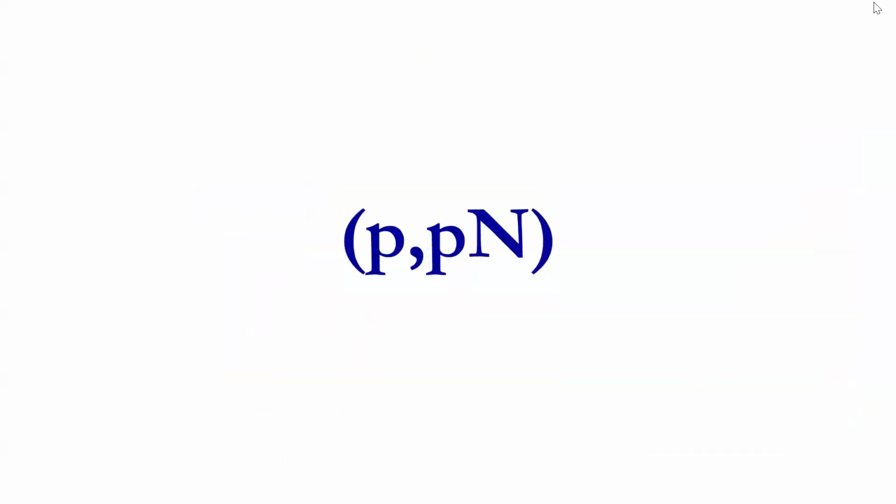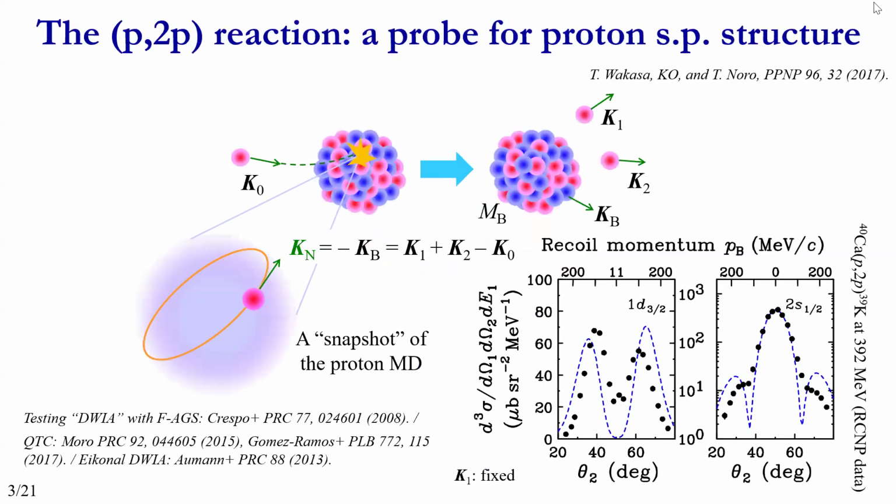Let me start with nucleon knockout reactions. So (p,2p), proton-induced proton knockout reactions, have been used as a spectroscopic tool for the proton single particle structure of nuclei. Here I show an illustration of (p,2p).